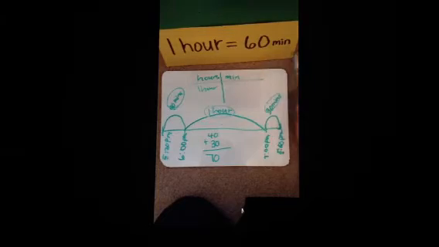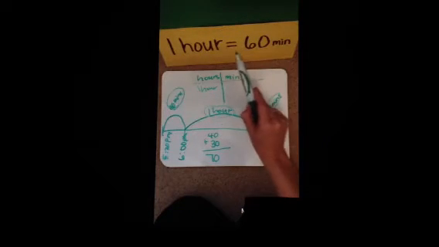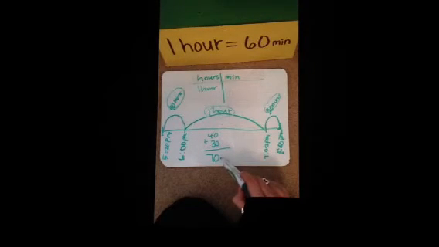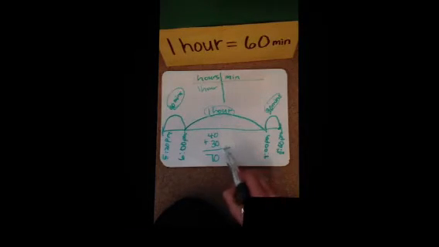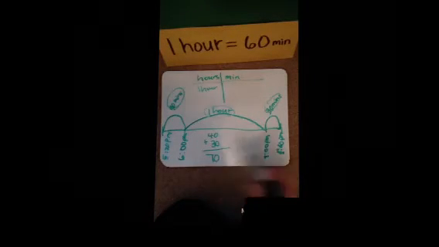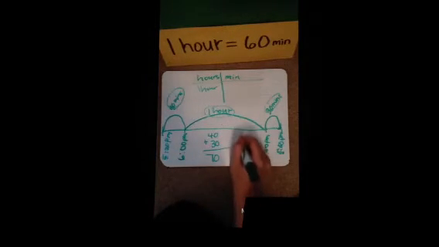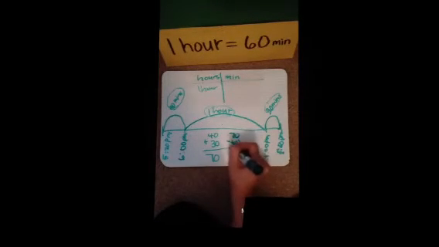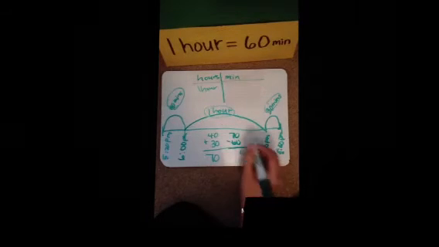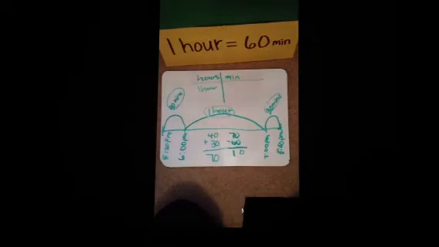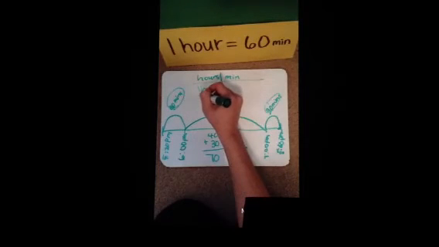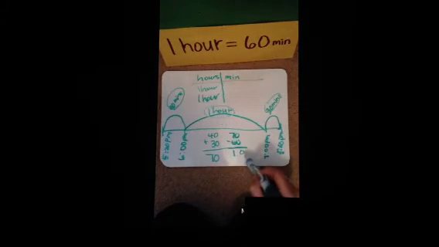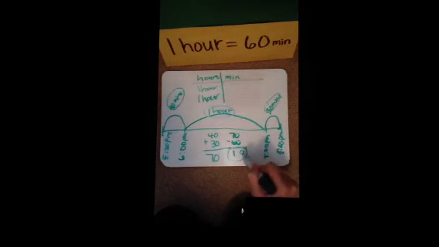So for every 60 minutes that we make, that will equal 1 hour. So, looking at 70, can we pull out 60 minutes? We can. We can pull out 1 hour. And when we do that, we're left over with 10 minutes.